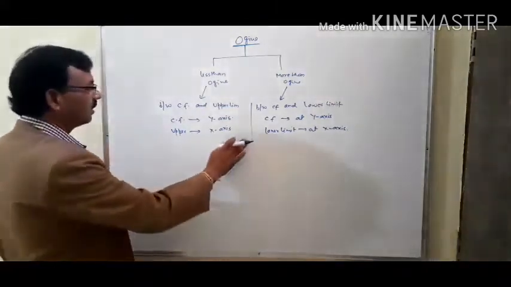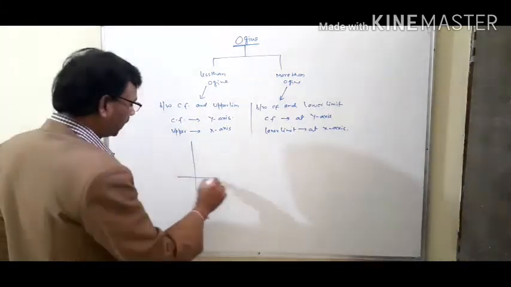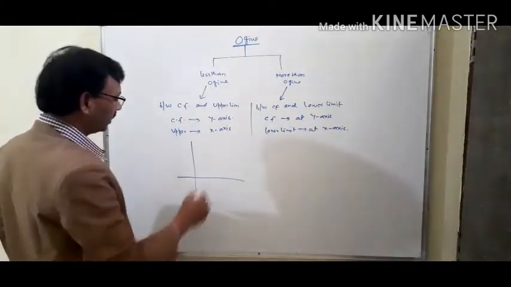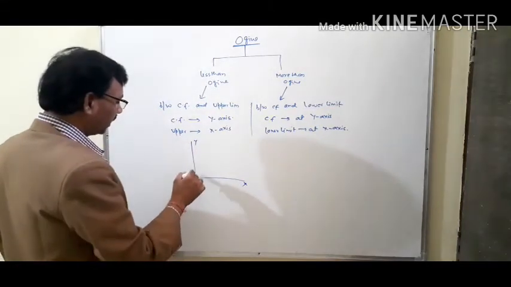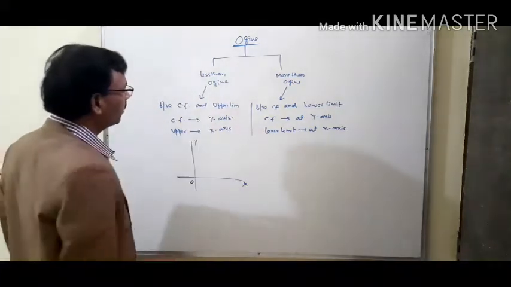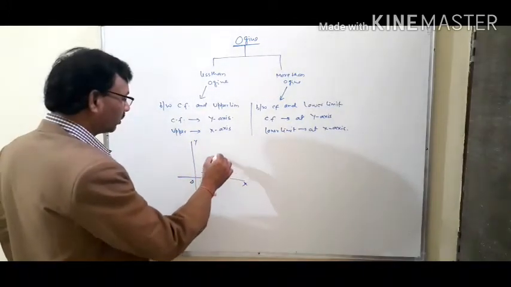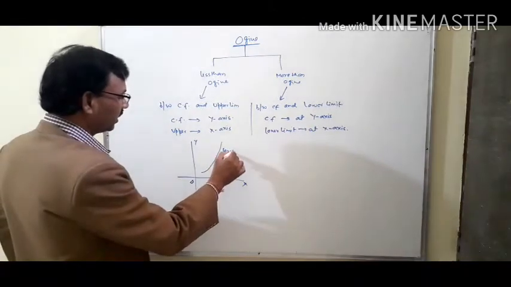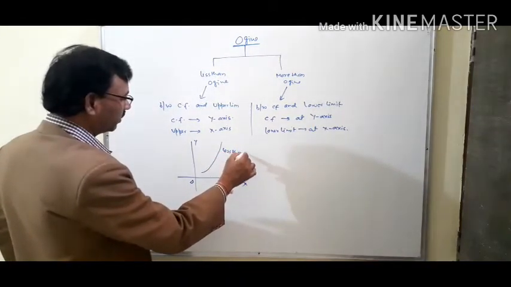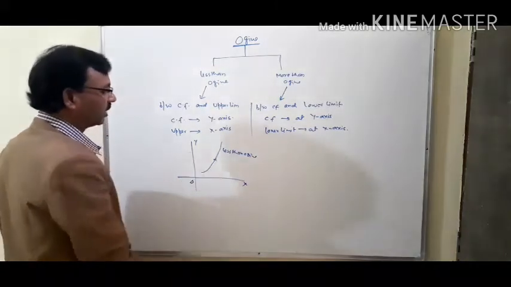But what type of graphs can we find in the less than ogive? This is the x-axis, O, and y-axis. In the less than ogive, the graph will always go from downwards to upwards. This is the less than ogive, that means from downward to upward.